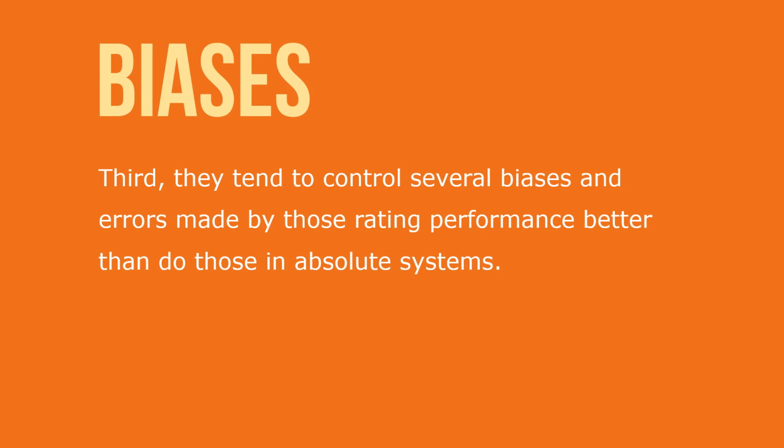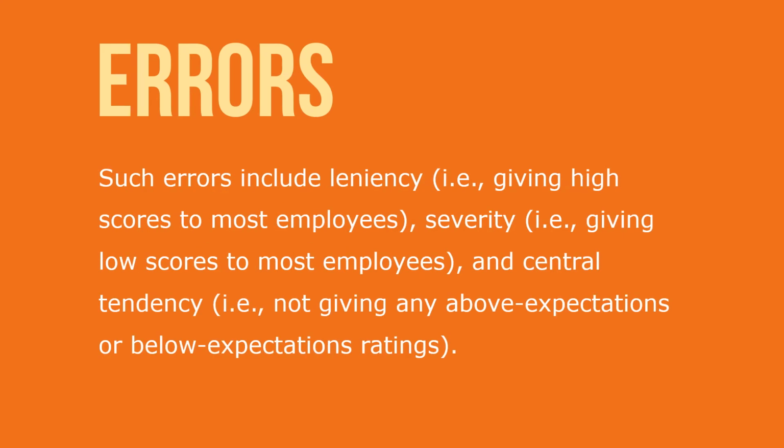Third, they tend to control several biases and errors made by those rating performance better than do absolute systems. Such errors include leniency, like giving high scores to most employees, severity, giving low scores to most employees, and central tendency, not giving any above expectation or below expectation ratings.